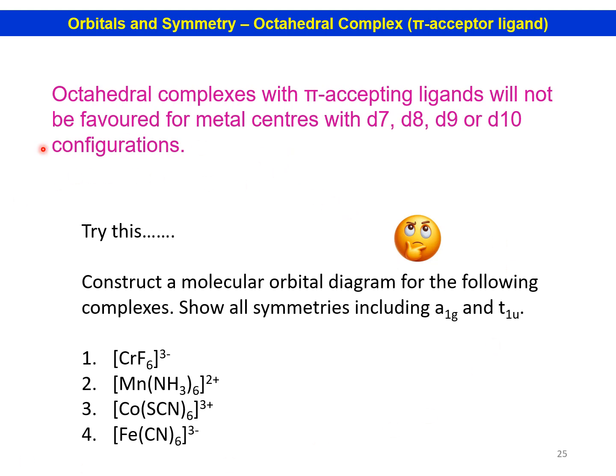Try this, construct a molecular orbital diagram for the following: we have the pi donor, sigma donor, pi donor, pi acceptor. Or you may also use fluorine as one of the examples for a weak sigma donor.